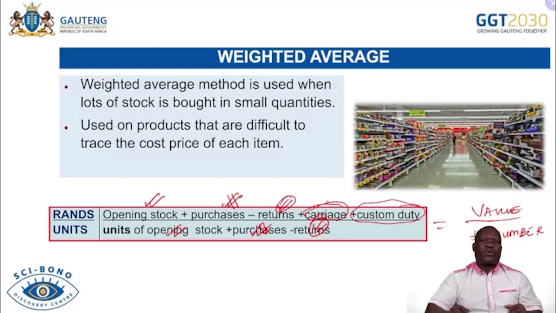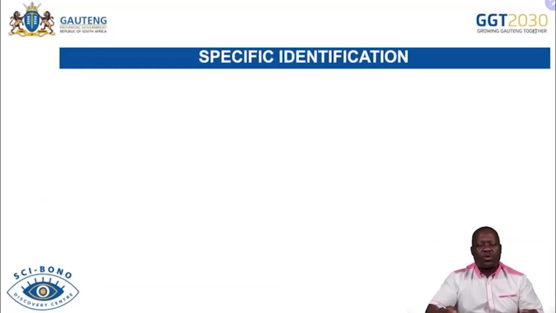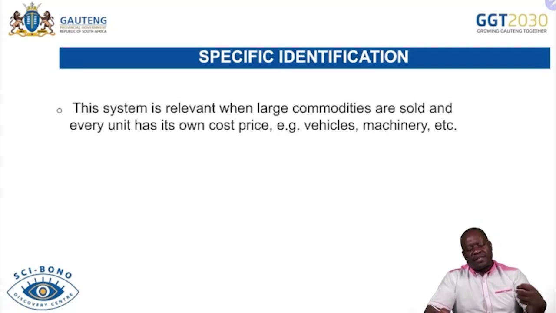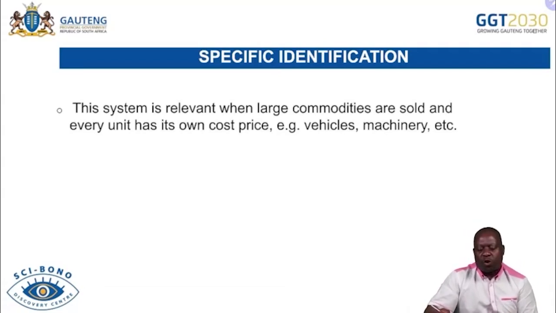Now we are going to look into some more information about these stock valuation methods. When it comes to specific identification, this system is relevant when large commodities are sold and every unit has its own cost price. For example, when you are selling used vehicles.